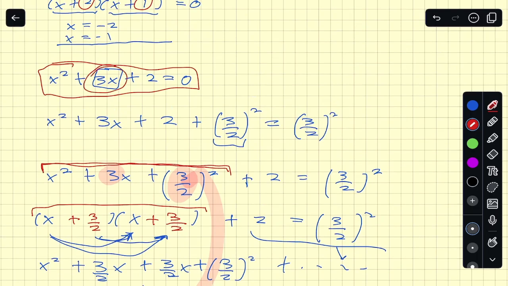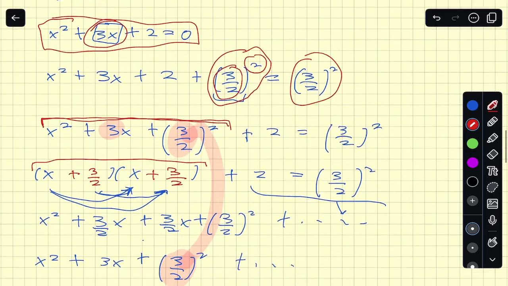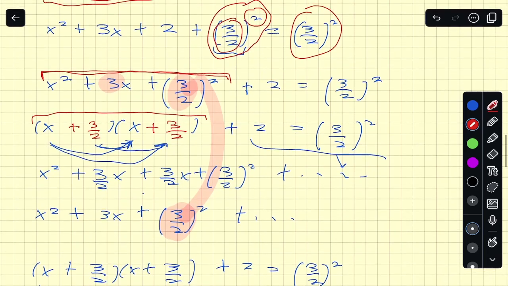You look at this middle term, you're going to add half of that middle term, and then you're going to square it to both sides, left-hand side and right-hand side. Then this is going to force a factorization to this guy and this guy. And that term that you're looking for is actually the same thing. Okay? Don't forget to rewrite all the rest of the stuff in the equation as well.